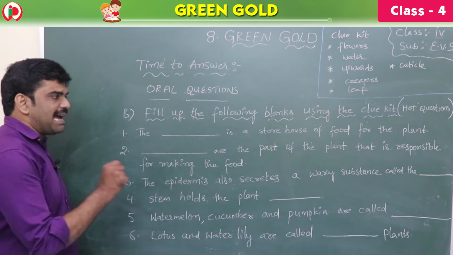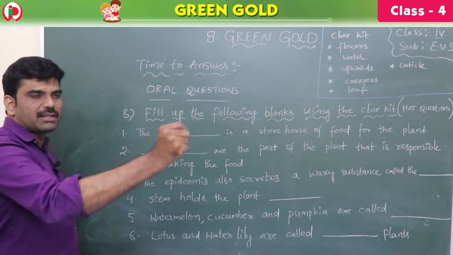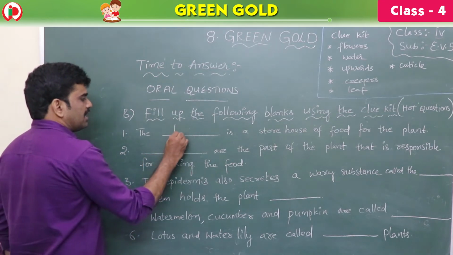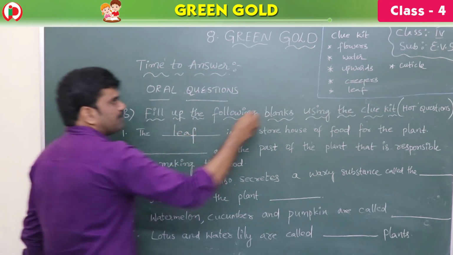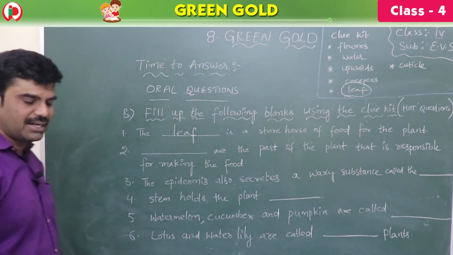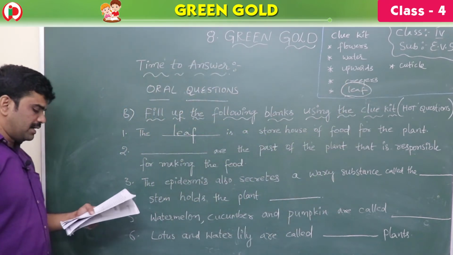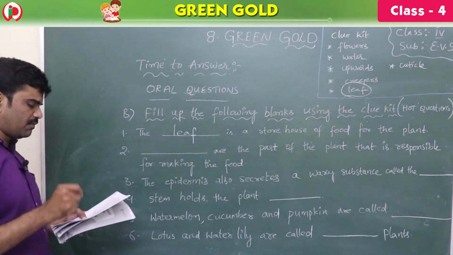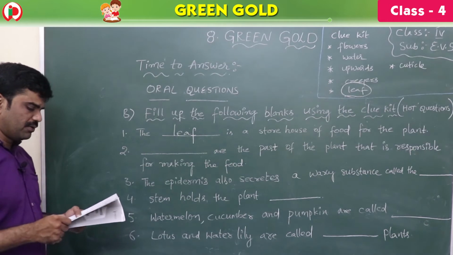First one, the dash is a storehouse of food for the plant. What is the answer, children? Yes, the leaf. The leaf is a storehouse of food for the plant. Second one, dash are the parts of a plant that is responsible for making the food.